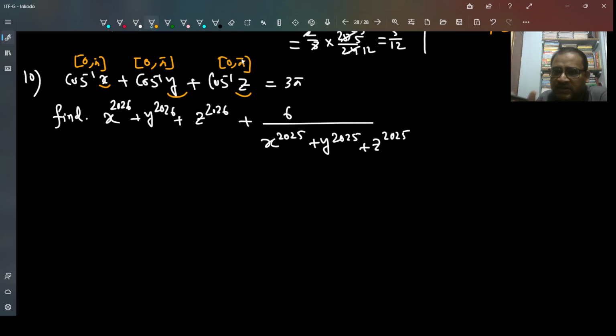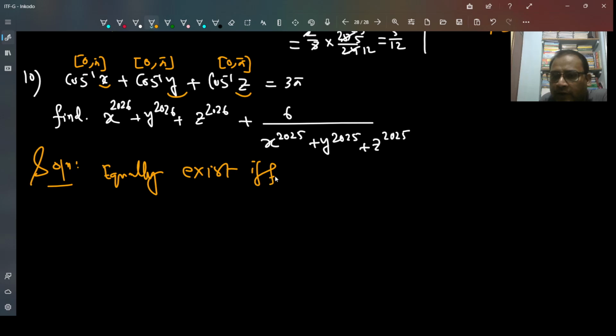Now this is equal to 3 pi. So this equality exists, the sum of the three angles being 3 pi, if and only if all the angles are pi. If you take the maximum value, then 3 pi comes.